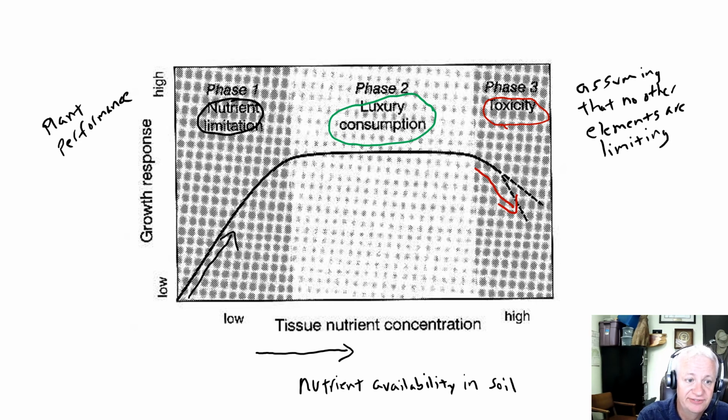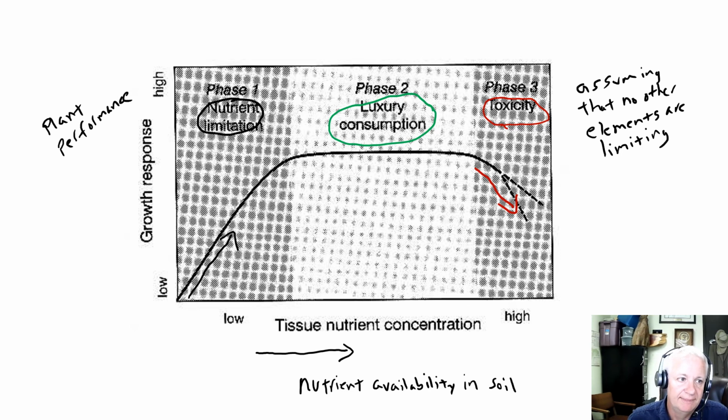So for instance, if this x-axis is nitrogen availability, this kind of response will occur assuming no other elements are limiting. There's plenty of magnesium, phosphorus, sulfur, iron, and so on. And of course, like many things in life, those assumptions don't always hold. There are usually multiple limiting elements at any one time. But in general, this is still a useful concept.